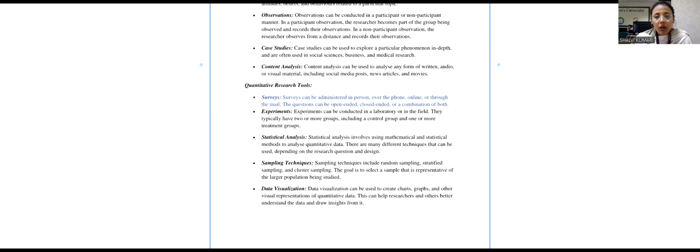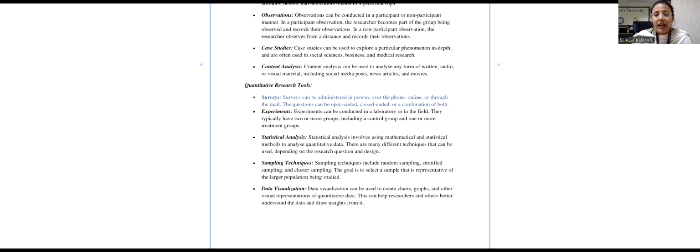The goal is to select a sample that is representative of the larger population that is being studied. Data visualization can be used to create charts, graphs, and other visual representations of quantitative data. This can also help researchers and others better understand the data and draw insight from it.